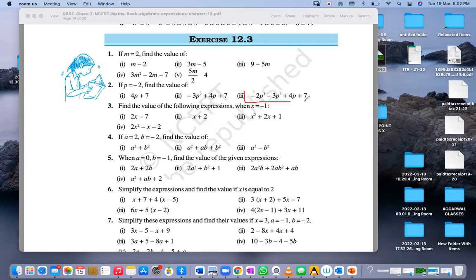This is again a complicated issue. Negative 2 outside.